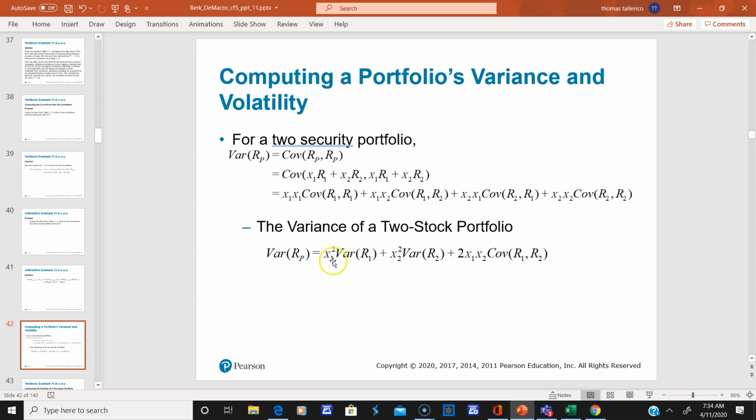So this is x1 squared, and there's x2 squared. This is painful, but don't get too bogged down. Most likely you won't see too much of this on an exam, except for maybe some definitions.